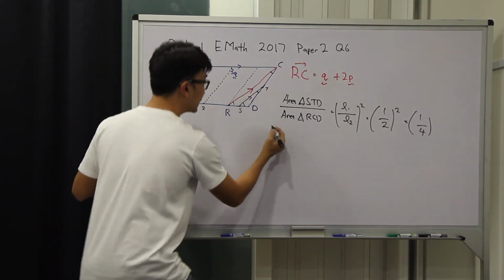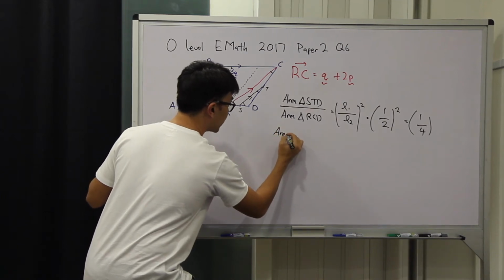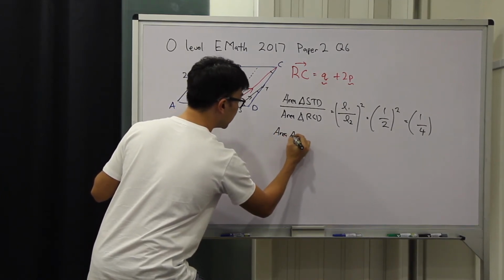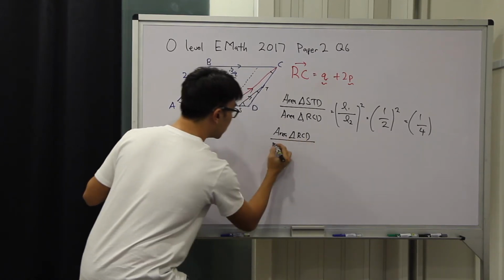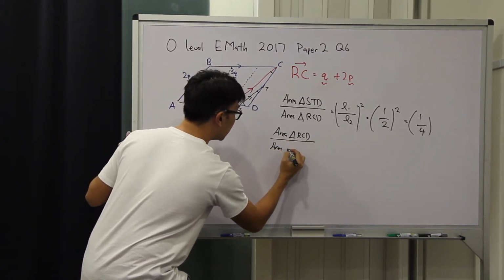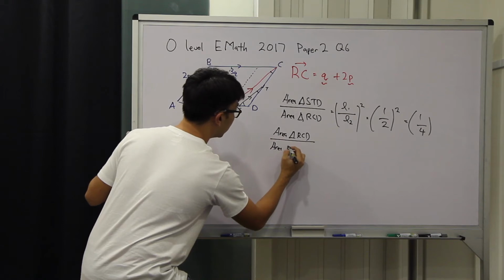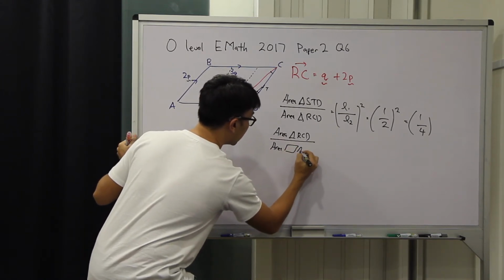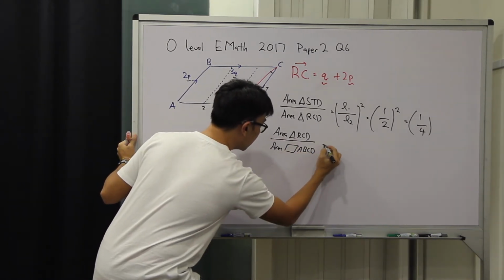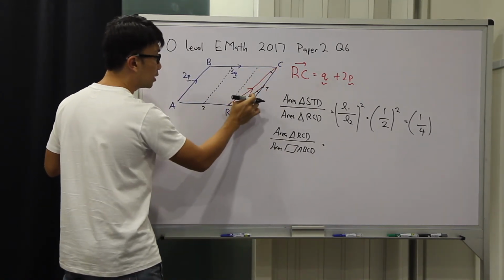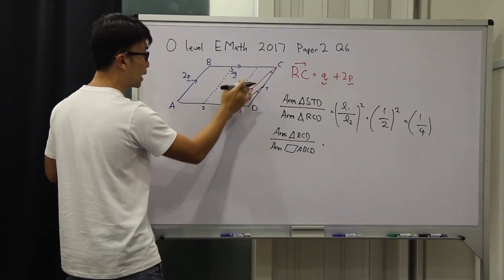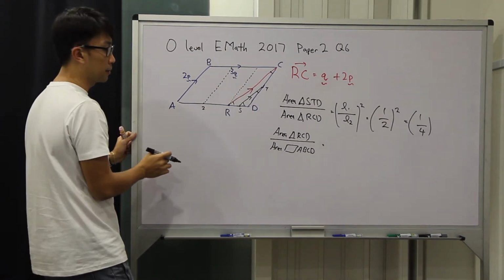So if we are trying to set up a relationship between the area of triangle RCD to the area of parallelogram ABCD, we can see that this triangle is half of this parallelogram, and we have 3 of these parallelograms.